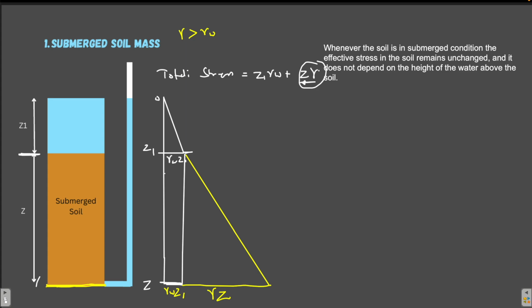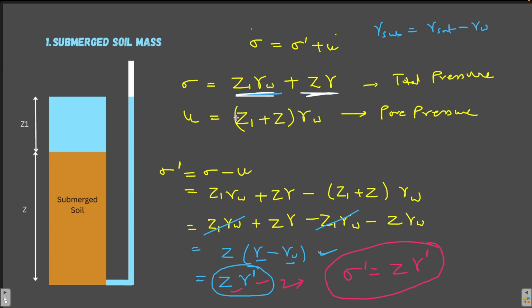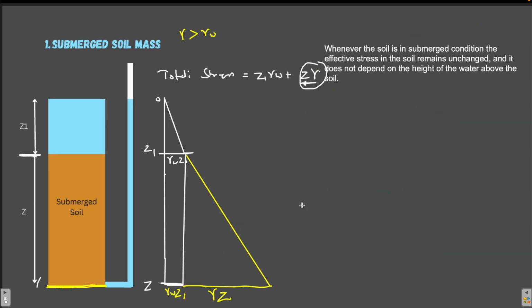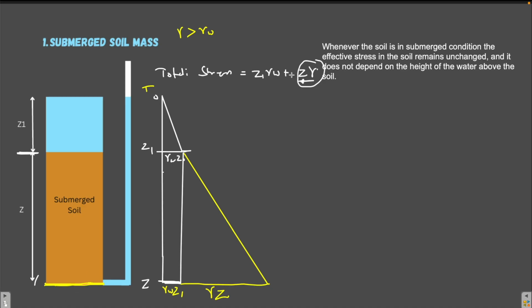Now let's see what the pore water pressure is. Pore water pressure, I told you, is Z1 plus Z into gamma W. Now the pore water pressure U is equal to Z plus Z1 into gamma W. That means the total height of the water in the piezometer into gamma W, the unit weight of water.